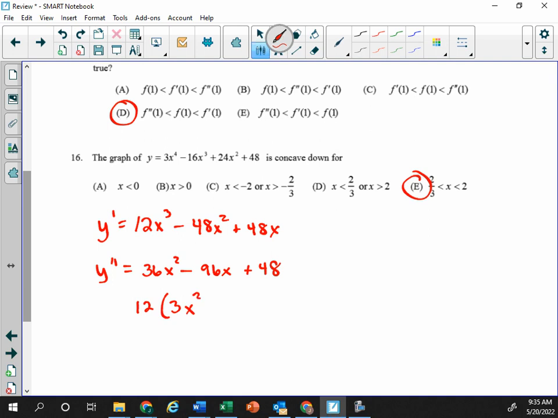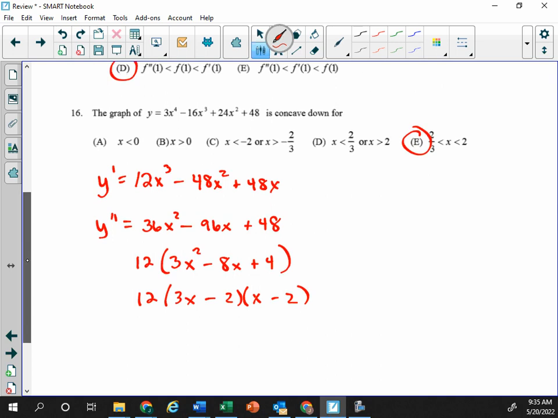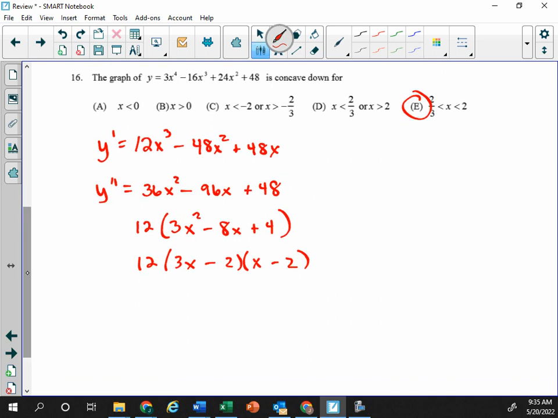All right, I could take a 12 out to kind of help me a little bit. 3x squared minus 8x plus 4, and then you can factor. I think we end up with 3x minus 2 and x minus 2. Are you okay with that part?